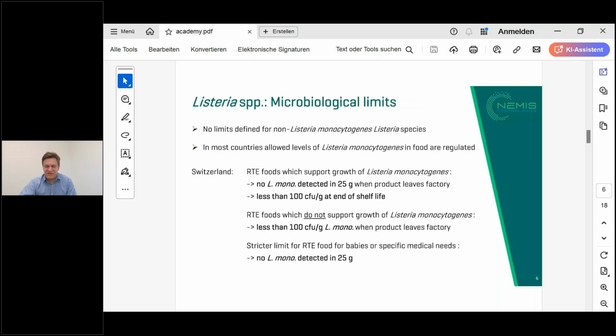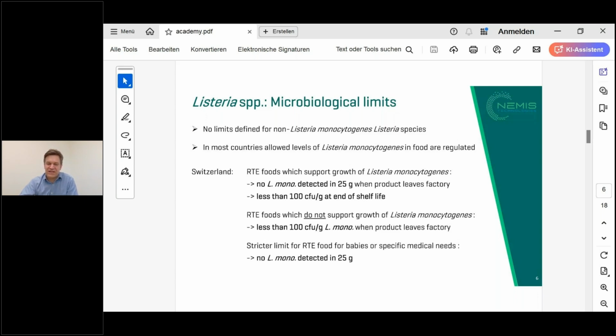Because it's such an important pathogen, and it's almost exclusively foodborne, in most countries in the world there are limits for Listeria in food, but usually these limits are only for Listeria monocytogenes.